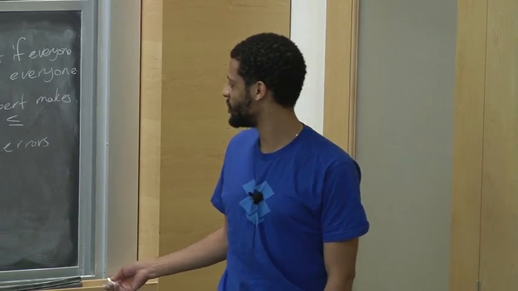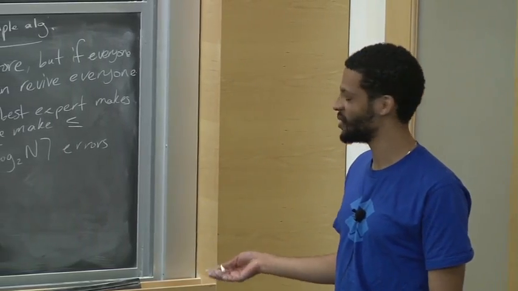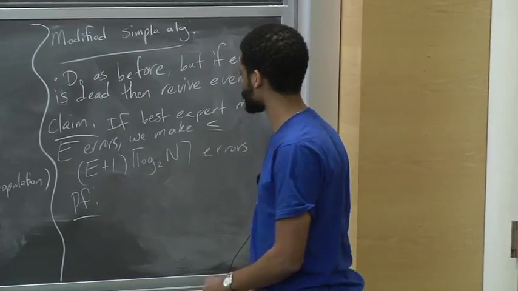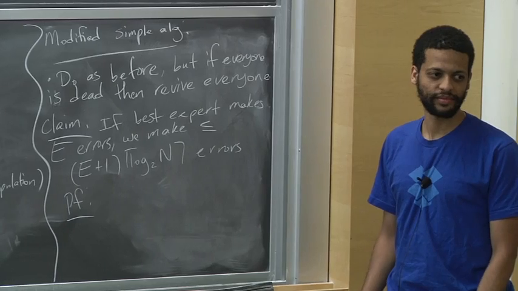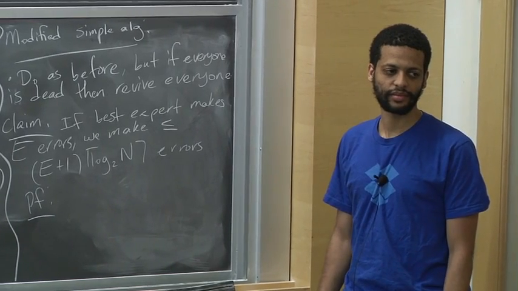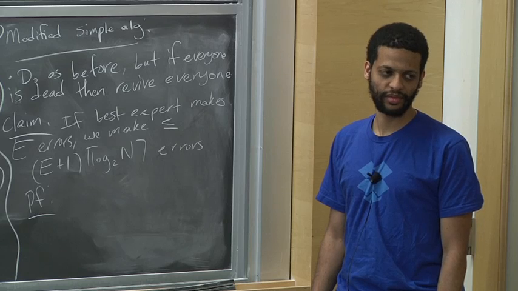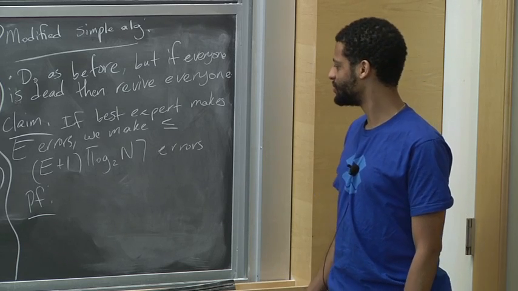So we kill the best guy at most E times. He happens to be revived every time he makes an error. Then we make at most that many mistakes before we kill everybody else if the experts are wrong. Right, exactly.